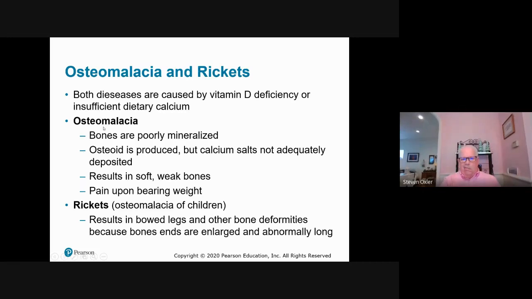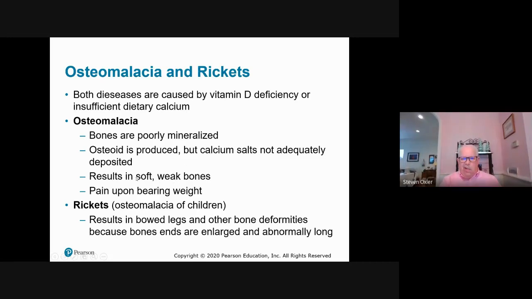To absorb calcium in your body, you need vitamin D. So either vitamin D deficiency or calcium deficiency is the cause of osteomalacia. The bones are poorly mineralized. There is an osteoid, but the calcium salts aren't there. There are no hydroxyapatite crystals. This results in soft, weak bones, and there's pain on weight bearing.